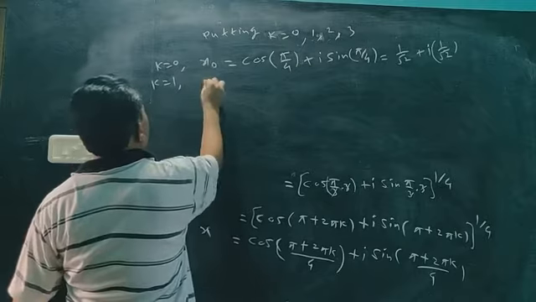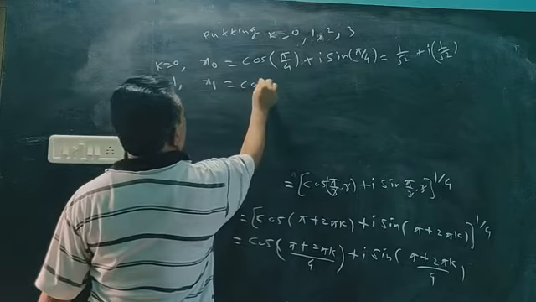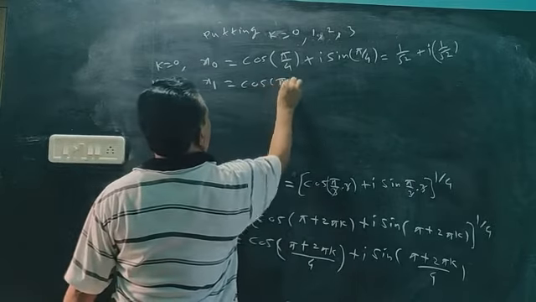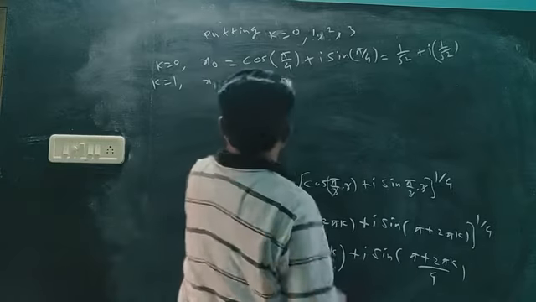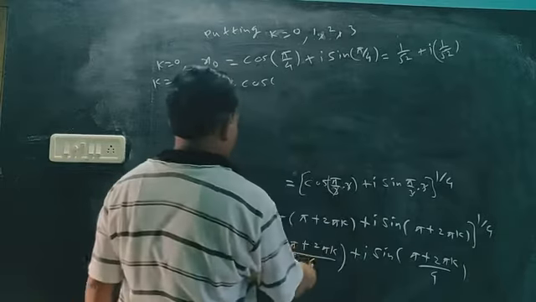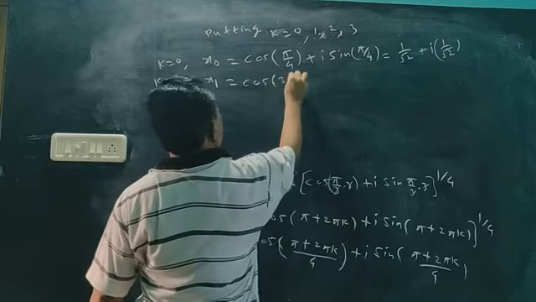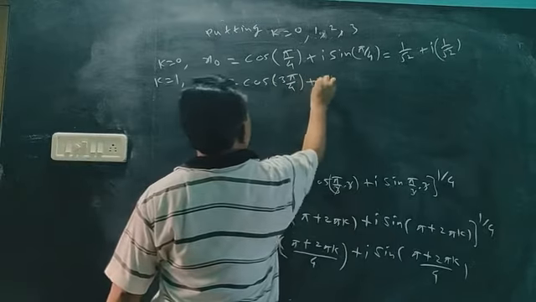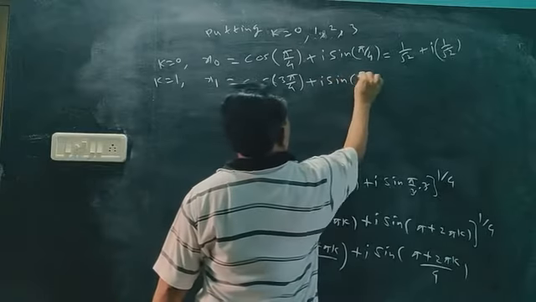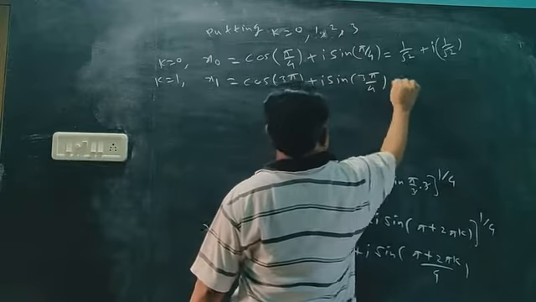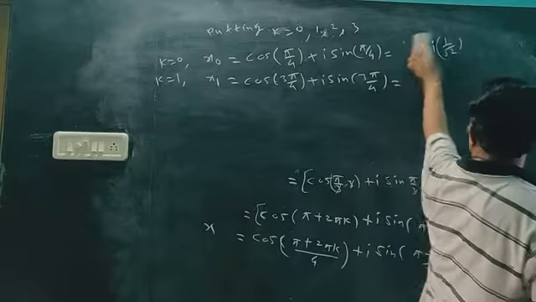So k equal to 1, x1: cos of (2 pi plus pi), 3 pi by 4, plus i sin 3 pi by 4. You convert to e raised to power, Euler's form.